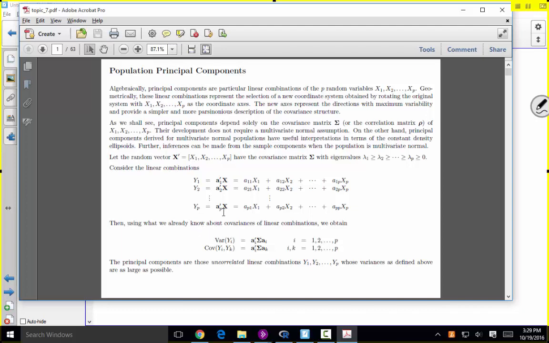We know a couple of things about linear combinations of random variables from our earlier topics.